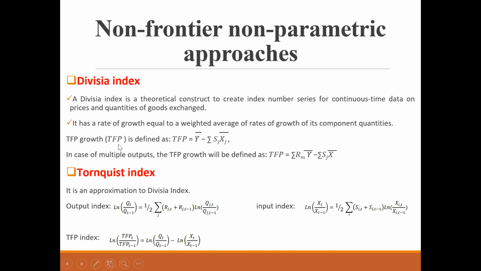Like TFP equals rate of growth of output minus summation of share of inputs into rate of growth of inputs. In case of multiple outputs, the Y will be multiplied by the revenue share of each output. Like TFP is summation of revenue share of each output into change in output minus share of each input into change in input. The second index, Malmquist Index, is an approximation of the Divisia Index.